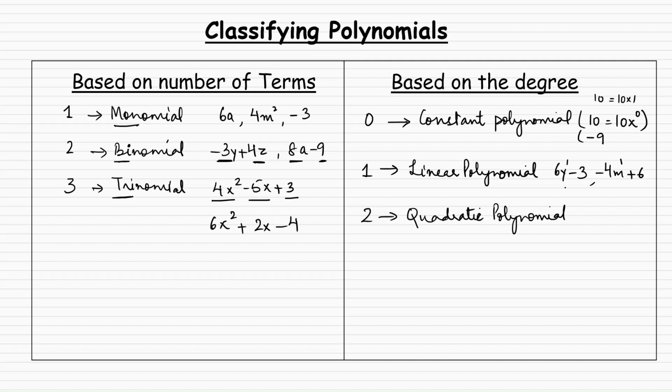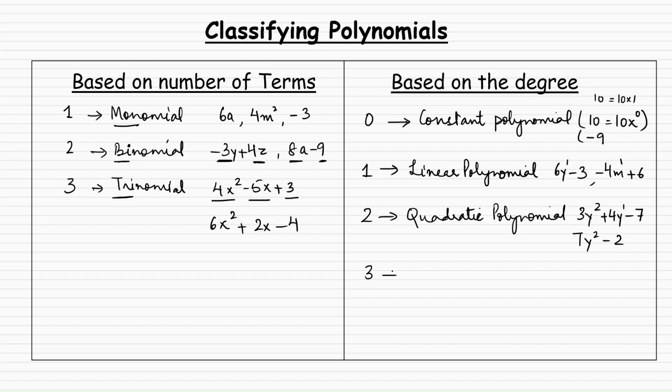For example, 3y square plus 4y minus 7. Here the exponent is 1, so the highest exponent is 2, so the degree is 2. 7y square minus 2. The highest exponent is 2, so the degree is 2.